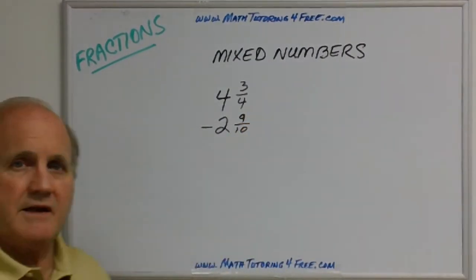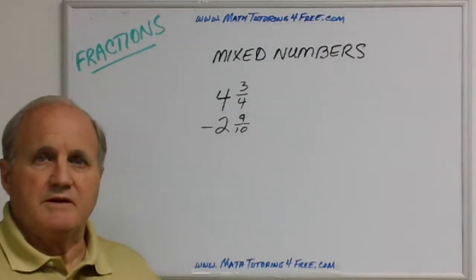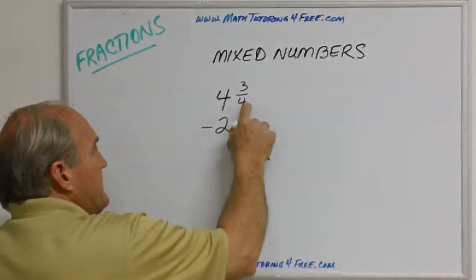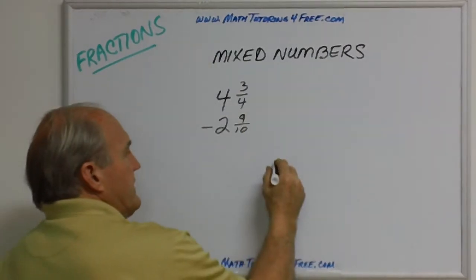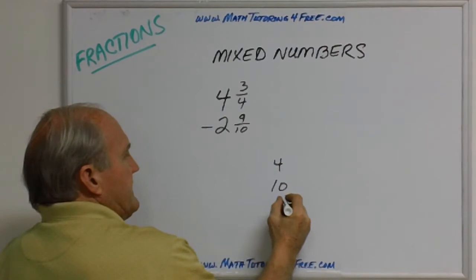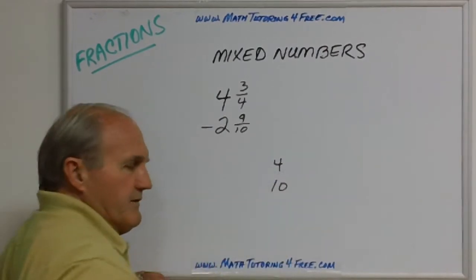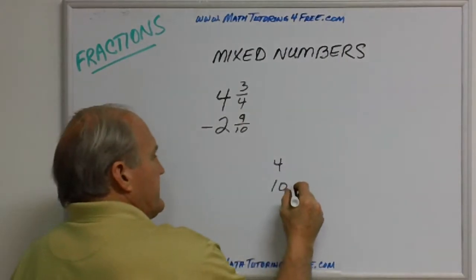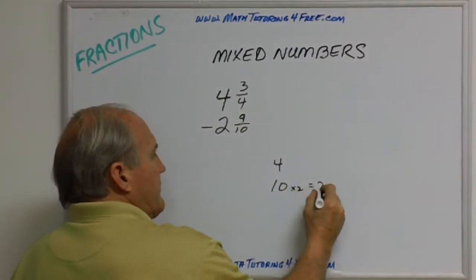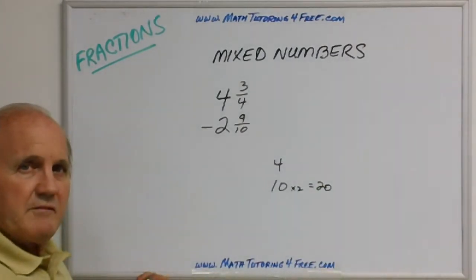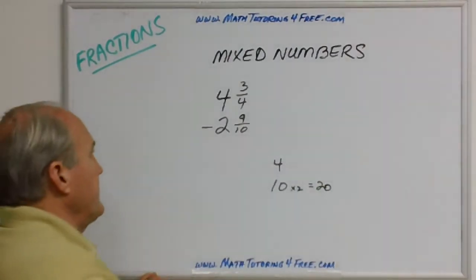Okay? Again, first thing, what do we do? We have to get a common denominator between 4 and 10. Well, when I look at 4 and 10, I say 4 won't go into 10 right away, but what if we doubled 10? If I doubled 10, then I got 20, and 4 will go into 20. So I'm going to use 20 as a common denominator.